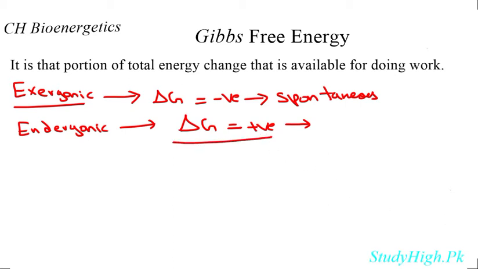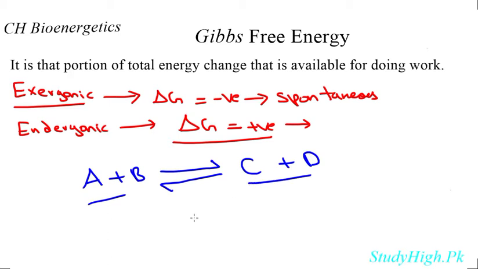But the most important thing that you must know is the third condition. Just assume A and B are the reactants that combine in a reversible reaction to give C plus D, which are the products. When this reaction attains an equilibrium state, at which the concentrations of reactants and products remain the same, the Gibbs free energy at this state will be 0. There will be no further increase or release of energy.